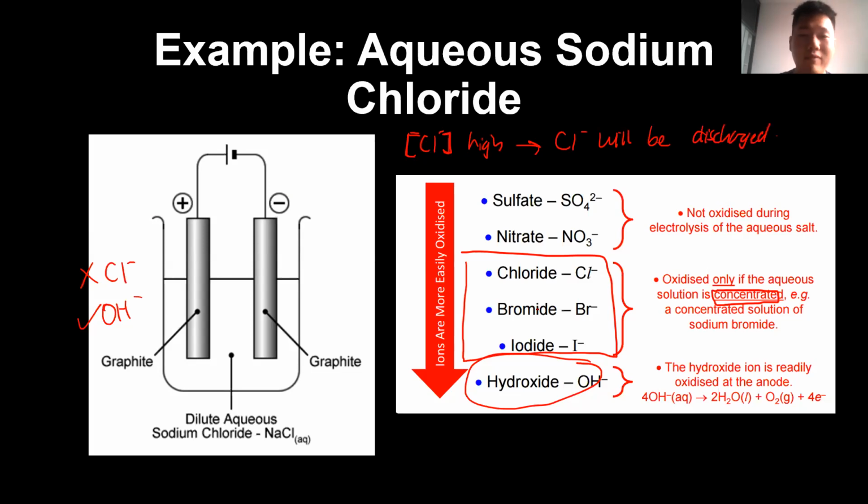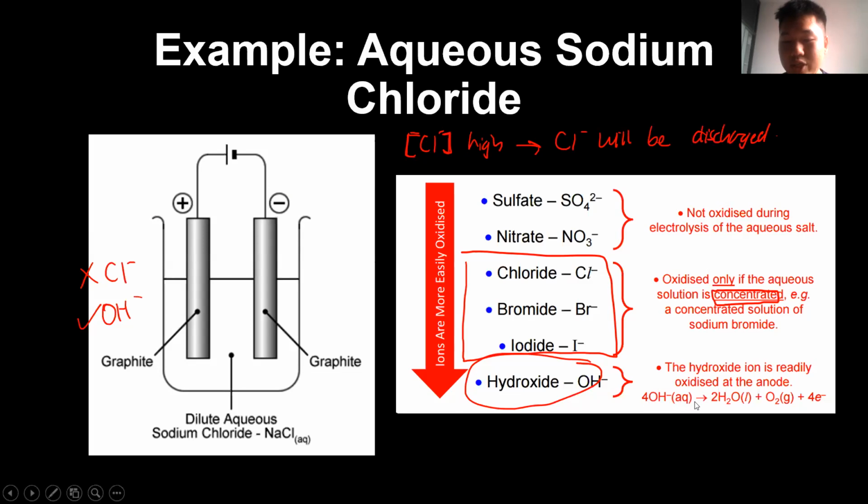If we have a low concentration of Cl-, then OH- will be discharged according to this table. When OH- is discharged, this will be the formula.